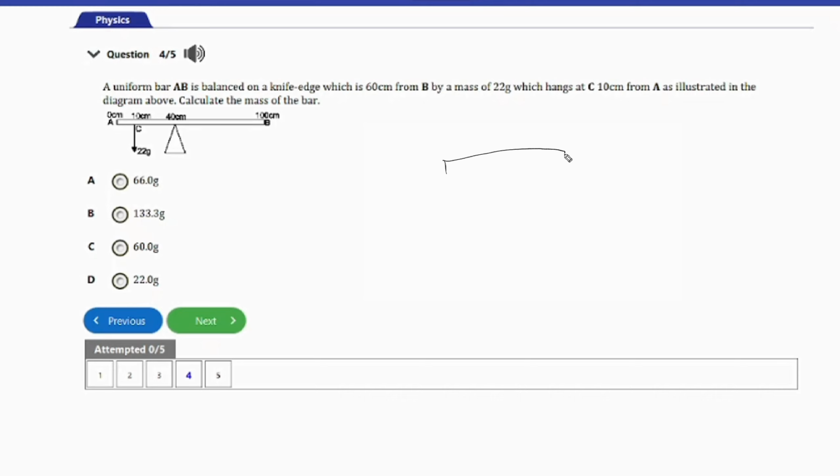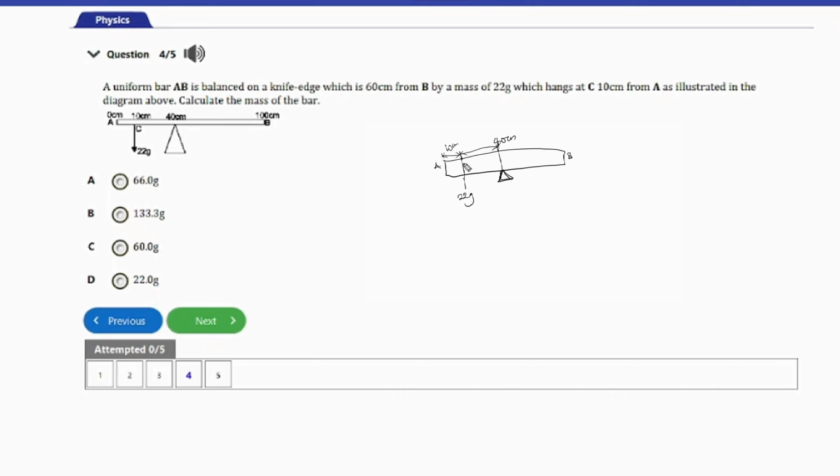So guys, we are going to draw this diagram first of all. Putting this as A and B, and then we have the knife edge at 40 cm. So we have this suspension of mass 22 grams at 10 cm from A. Now the next thing we are going to consider is the distance of the masses from the pivoting point where we have the knife edge.